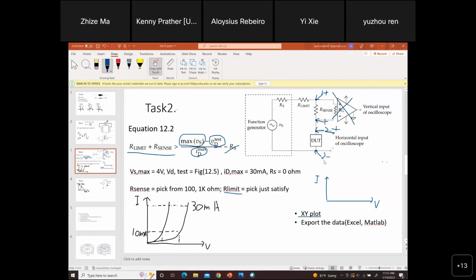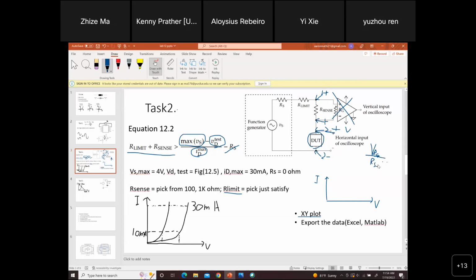The voltage should be the voltage across the DUT, which should be channel 2 here. To get the current of the DUT, you use the voltage across channel 1, or the voltage across R sense, which means VR sense, and divide this voltage by the value of R sense.